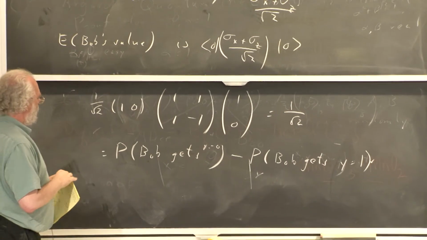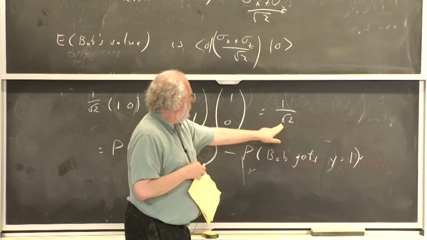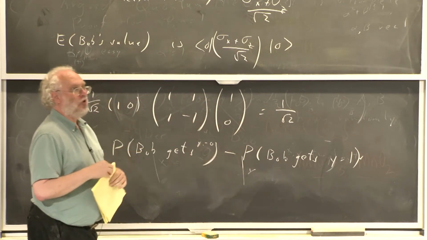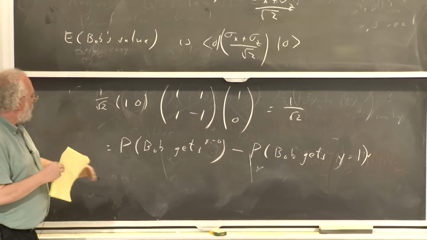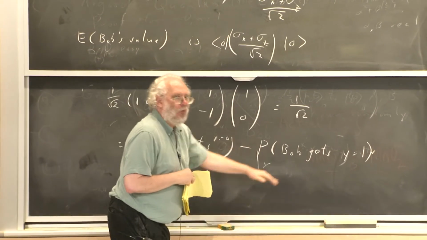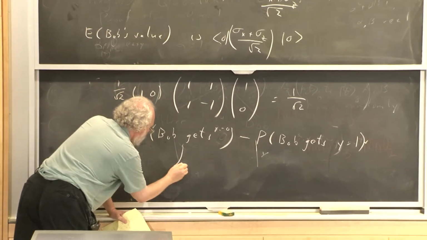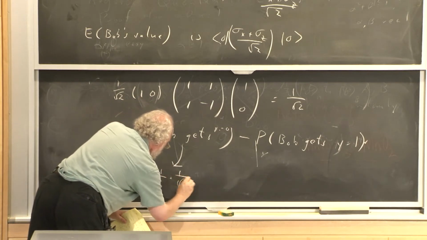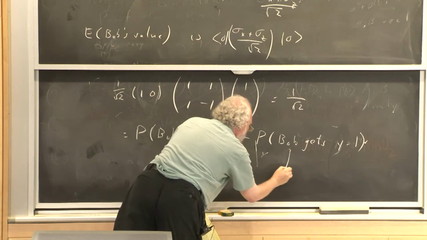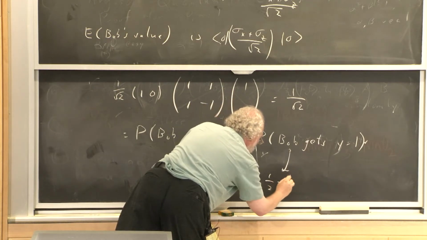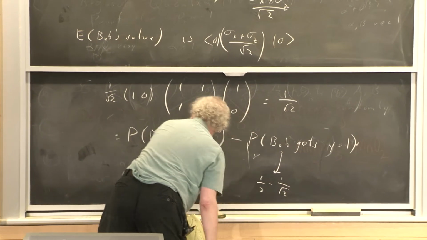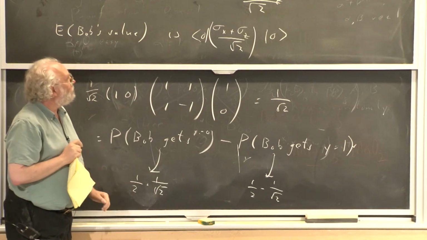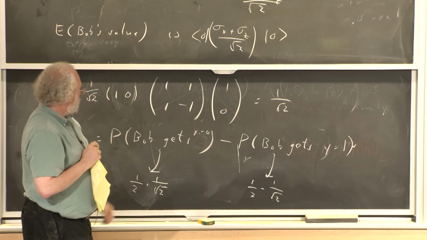And so we want 2 numbers whose difference is 1 over root 2, and whose sum is 1 because probabilities sum to 1. So this is 1/2 plus 1 over root 2, and this is 1/2 minus 1 over root 2. So this is the probability that Bob wins if Alice measures a 0.